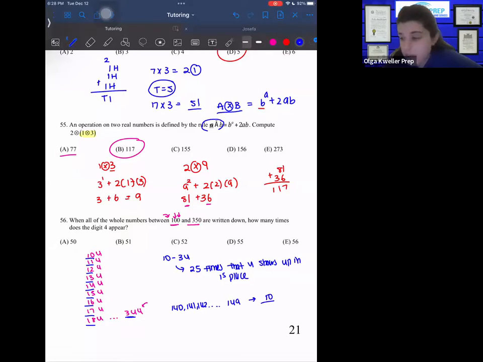The same thing happens from 240 to 249, giving another 10. And from 340 through 349, which is legal because we're going up to 350, giving another 10. That's a total of 30. We had 25, and then 30, and altogether that gives 55.